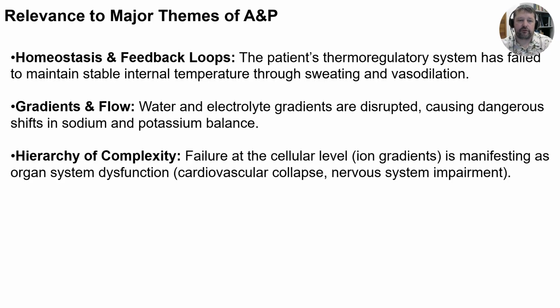So now you have a nervous system impairment. Well, if your nervous system isn't working, that can cause a cardiovascular collapse. And so you have these connections, this hierarchy of complexity, from the cellular level all the way to the organ or system level.